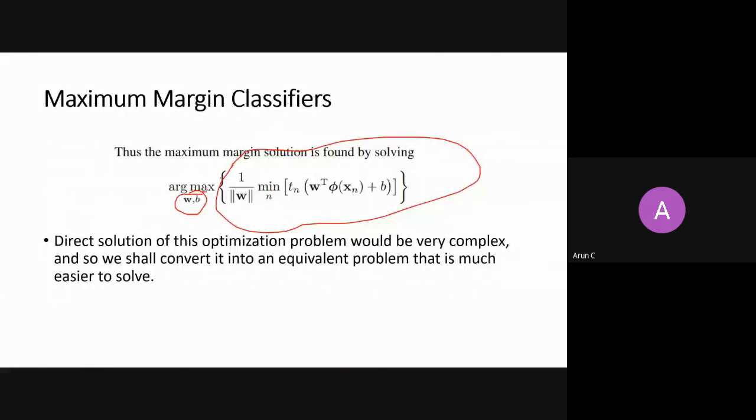Because the hyperplane is defined by W and beta, you will change your orientation. Either you slide it from here to here, or you rotate it from here to here. So you are changing your W and beta. It means you are changing the orientation of the hyperplane such that the minimum distance is maximized. That's why it is a maximum here. So you are minimizing over all the distances, then maximizing with respect to your hyperplane.